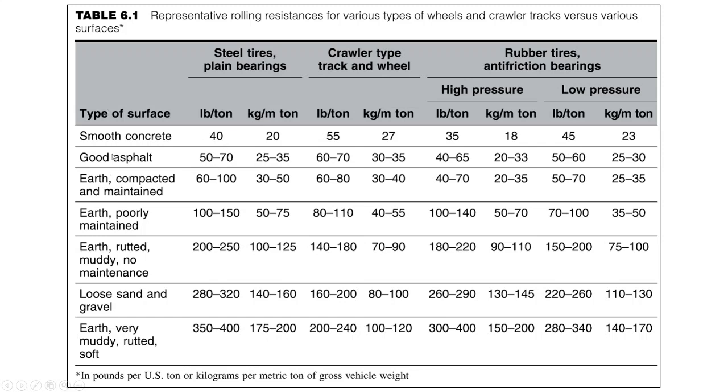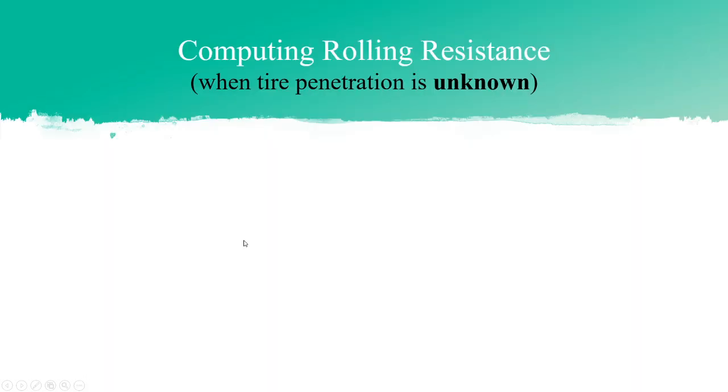The table specifies different types of surfaces, from smooth concrete, good asphalt, and other types of surfaces, and also different types of tires. For each case you have two numbers: one is pounds per ton, the other is kilogram per metric ton. So here are the numbers. You will use them in solving the problems.